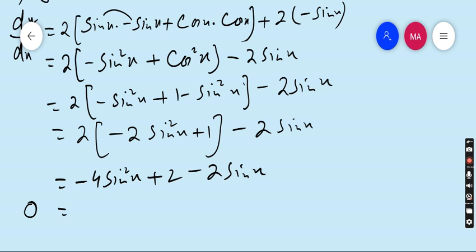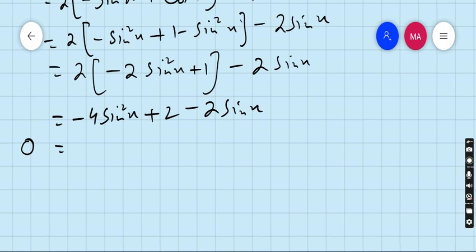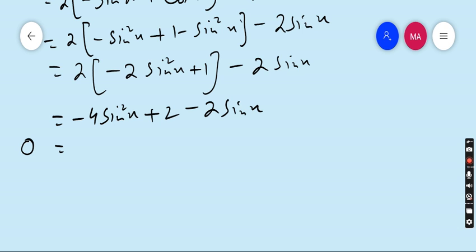Now you have to replace dy by dx by 0 and write the equation in this way: minus 4 sin square x minus 2 sin x plus 2.